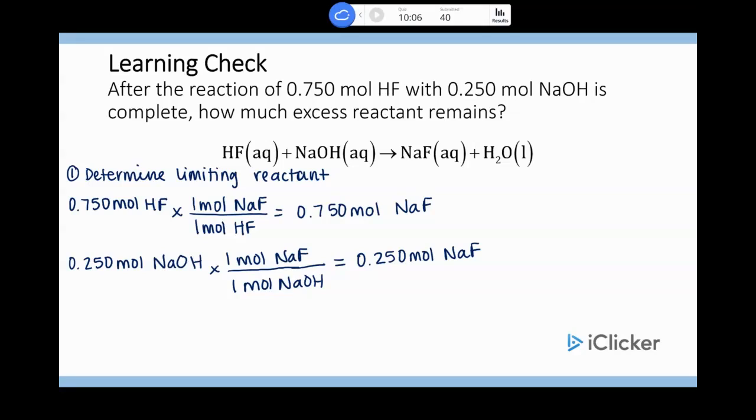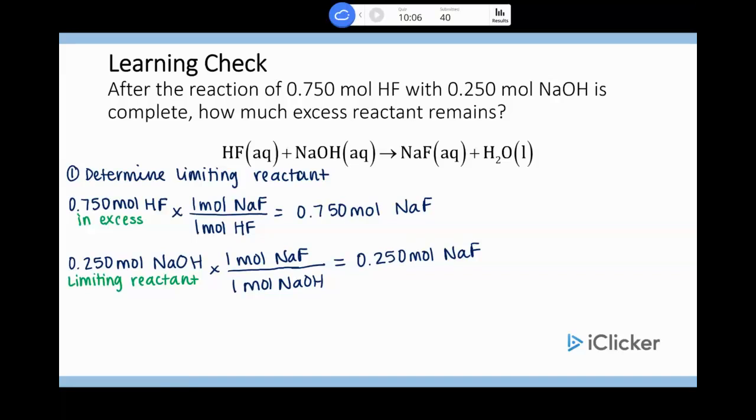Sodium hydroxide is limiting the amount of product produced, so that means that sodium hydroxide is our limiting reactant. And hydrofluoric acid is in excess. So step 1, determining limiting reactant. Any questions on this first part?